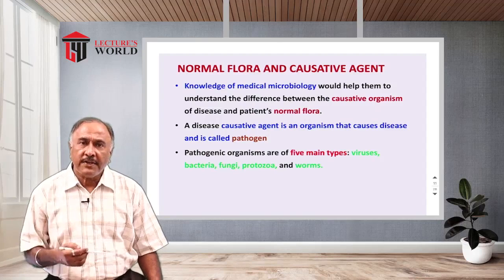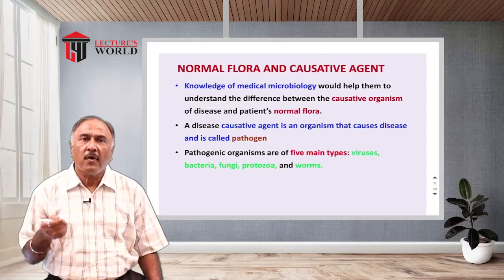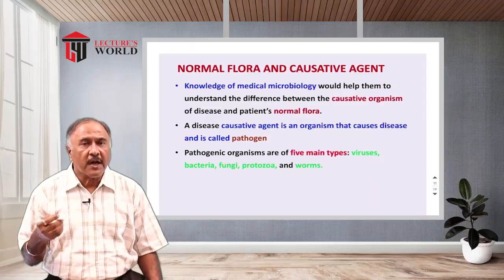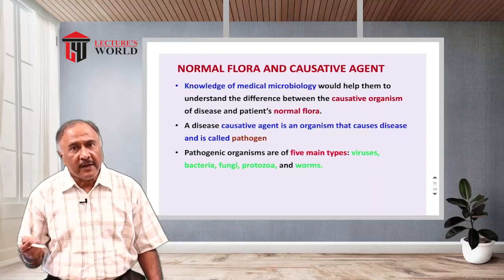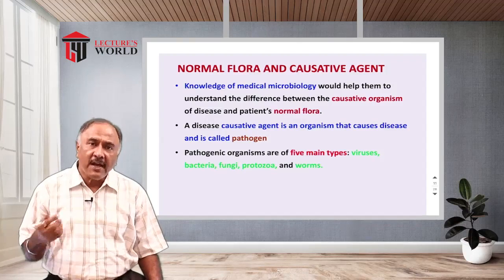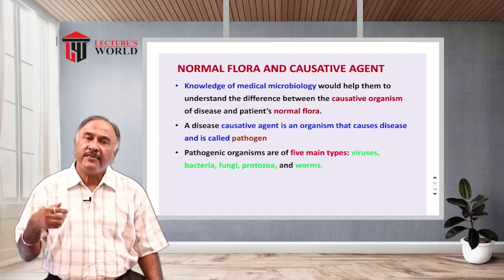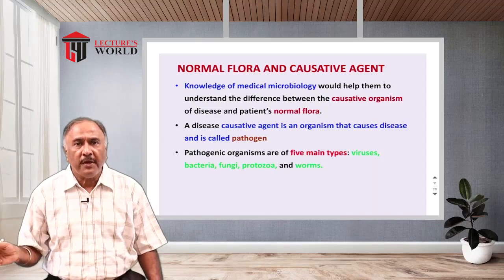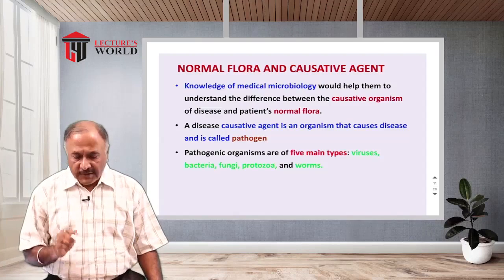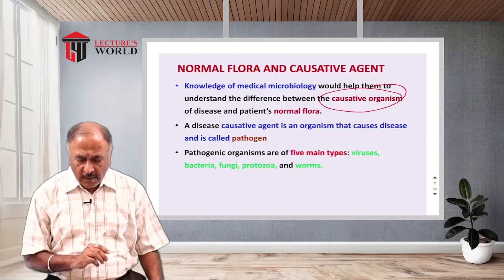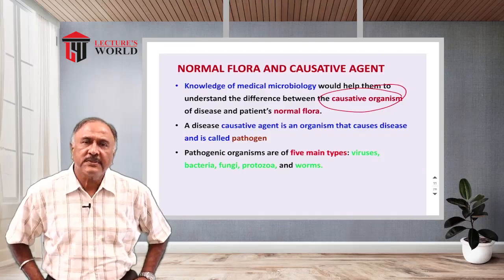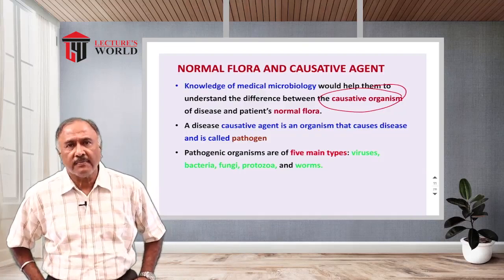And when that causative agent infects or causes a disease, there is a set of symptoms which are observed. And from that diseased individual, that organism can be re-isolated. And if it is inoculated into a healthy individual again, it will cause a similar disease. So causative agent means the organism responsible for causing infection.